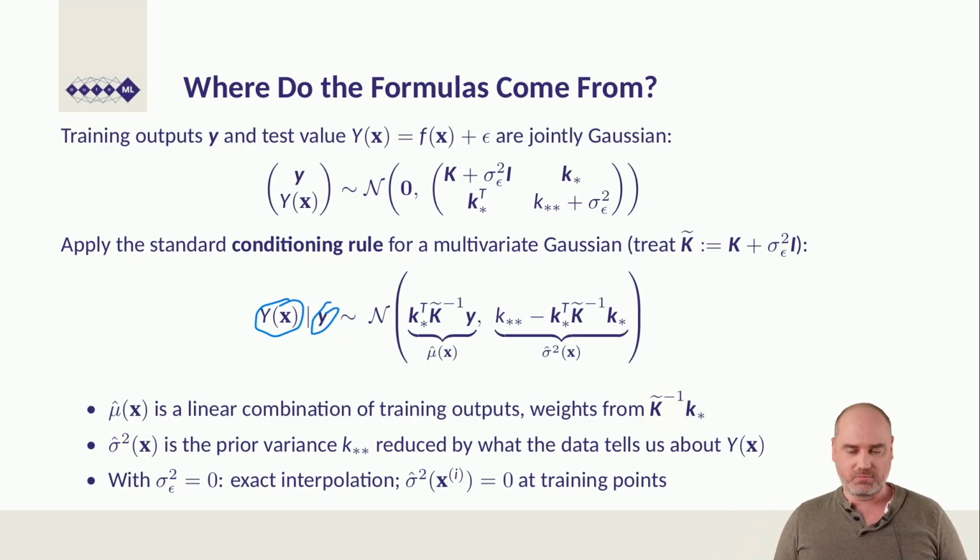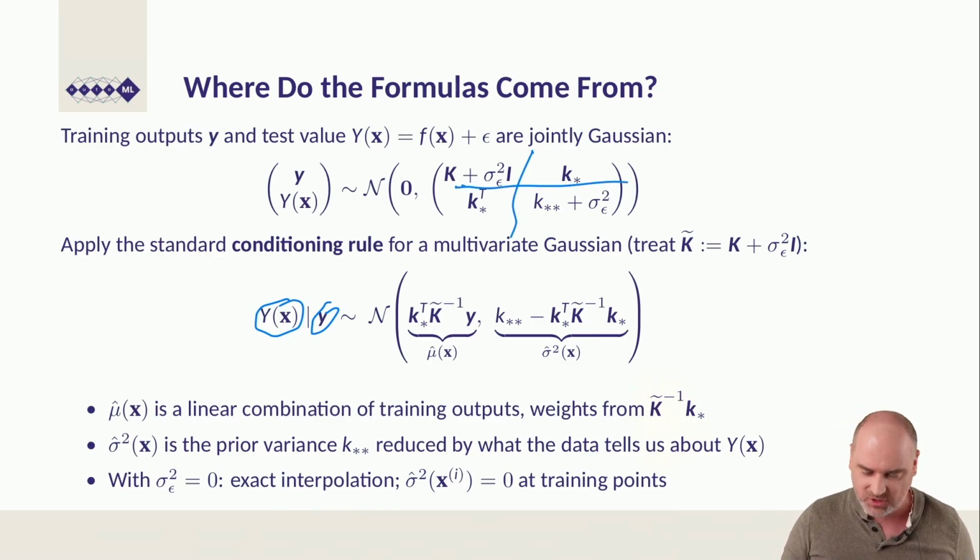We know from pretty much any book that covers multivariate distributions in probability theory or statistics that for any type of conditioning you can do on an arbitrary block structure in your multivariate Gaussian, there's a simple formula that computes the conditional distribution.